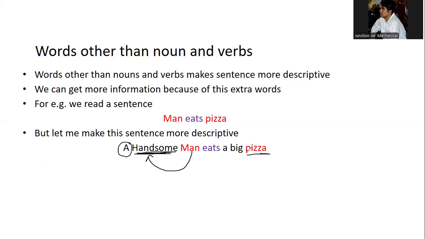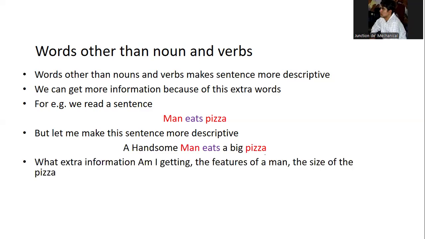It also tells me that pizza is a noun, but what kind of pizza is it? It is a big pizza. So big and handsome are words which are describing our noun. And since those words are describing words, we can say that these words are adjectives.